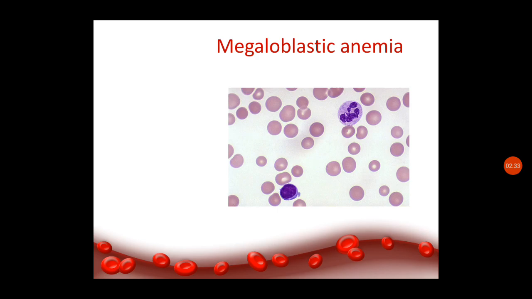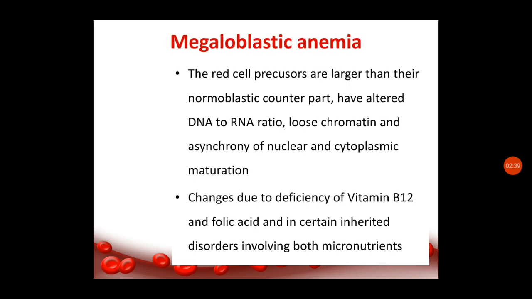In the picture you can see the loose chromatin, and the cytoplasm and the nucleus are immature. So this is about megaloblastic anemia. Hope you understood, the precursor cells are abnormal and much larger than the normal red cell precursors.